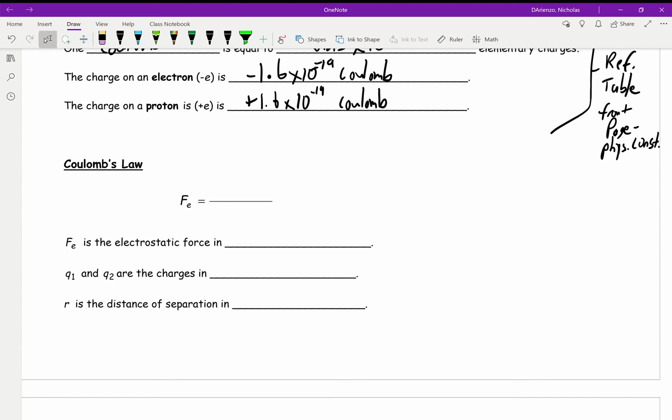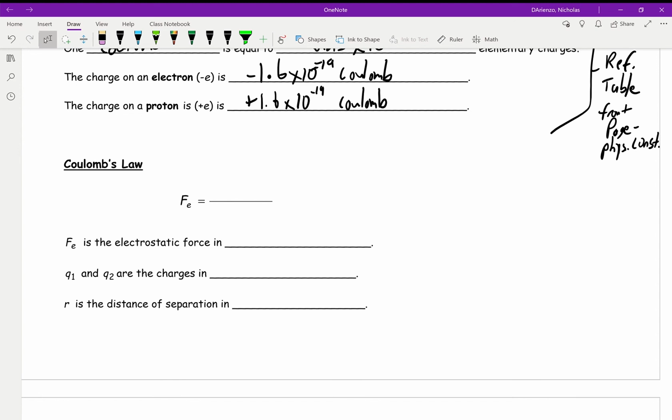Now, Coulomb's law. Coulomb's law we're going to use to determine forces that are occurring between different charged objects, usually dealing with point charges or simple electron or proton type charges, and how the forces between them are going to act.